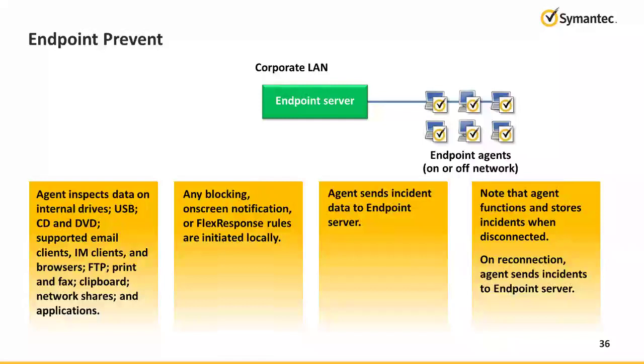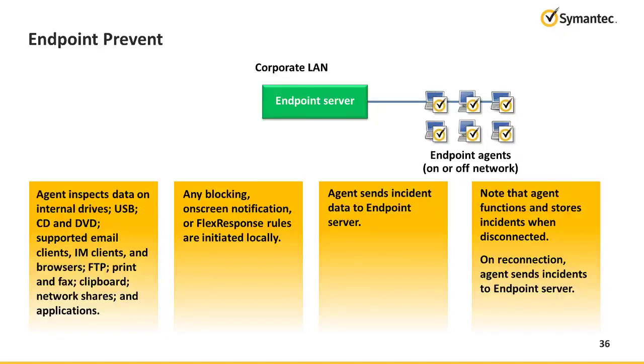Endpoint Prevent monitors and blocks confidential data from leaving endpoint computers. It can also present an on-screen pop-up notification to inform users of policy violations. Endpoint Prevent is powered by one or more endpoint servers and by compact, stable agents that contain data loss policies and perform local detection. This figure depicts an endpoint server along with endpoint agents that are monitoring activity on endpoint computers.